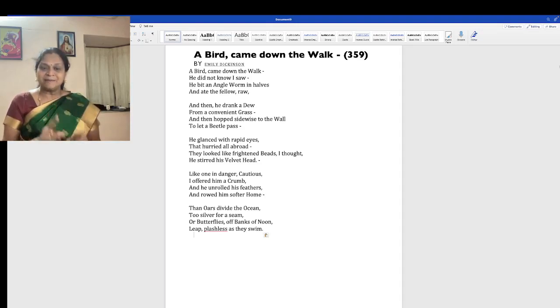So to describe flight, she uses aquatic references, or description of how one moves around in water. What are the two aquatic motions or water related motions that she refers to? The first one is rowing and the second one is swimming.